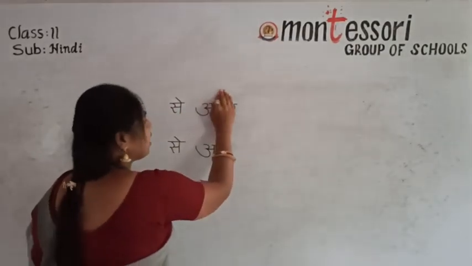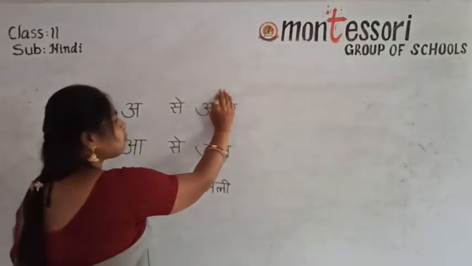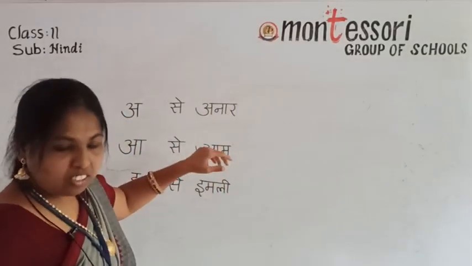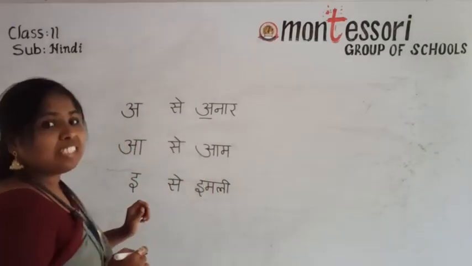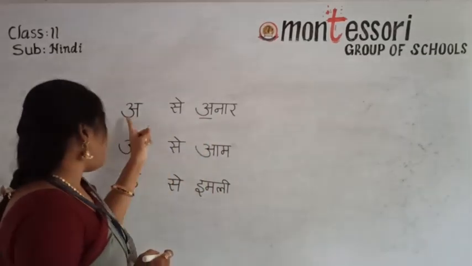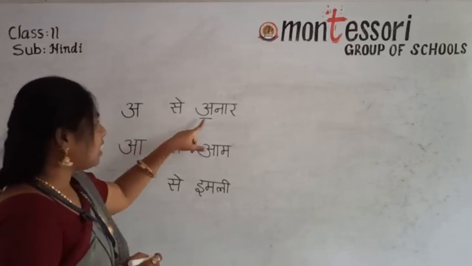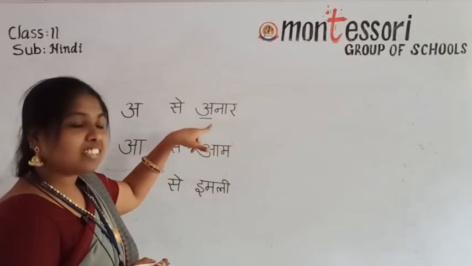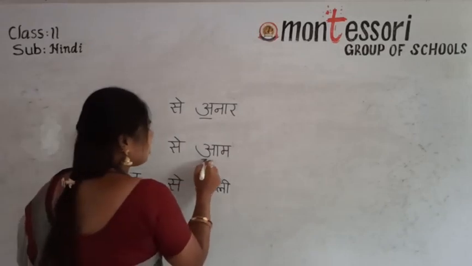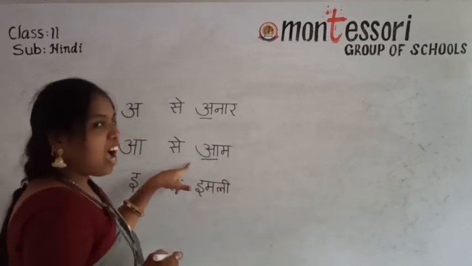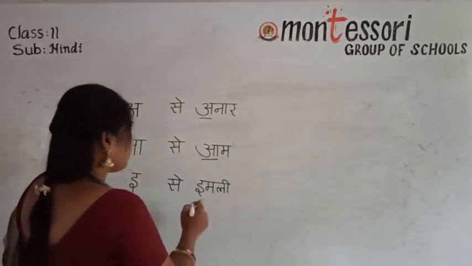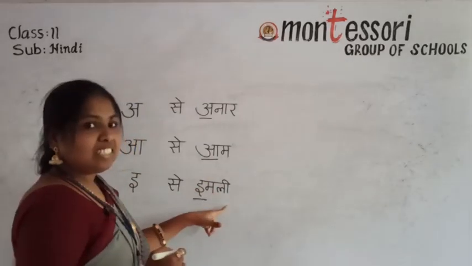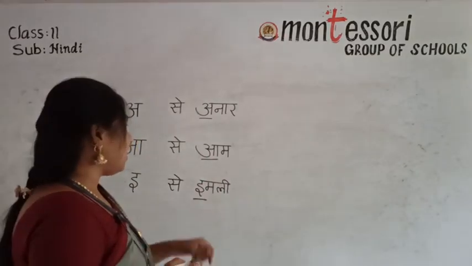You can identify the first letter of the word. By seeing that first letter, we can easily say it is A. A say anar. A say anar. The next, here also, A say am. A say am. The next, what is that? E. E say imli. E say imli.